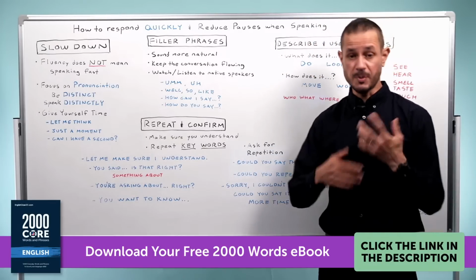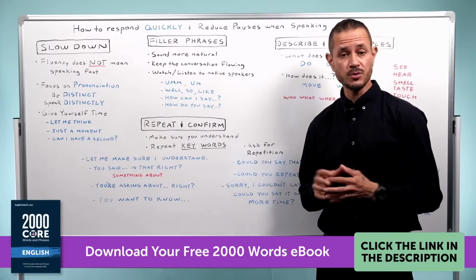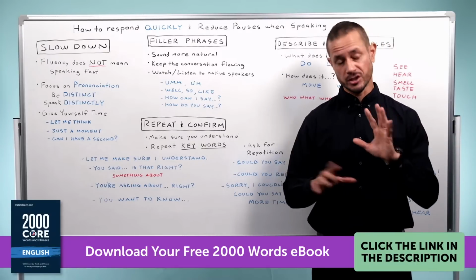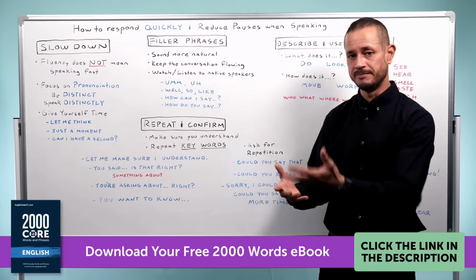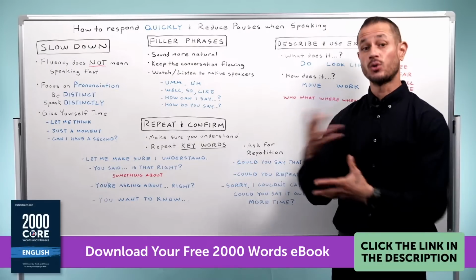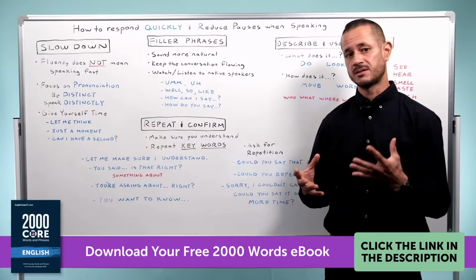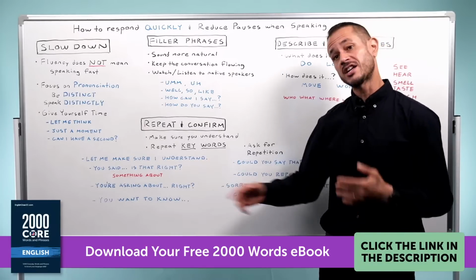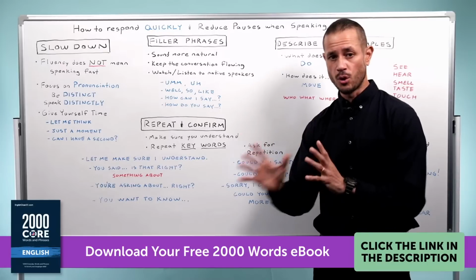Then the speaker will either say, yeah, that's what I said. Or maybe they said something different. They'll say, no, actually what I said was... So this is a really simple and effective way to just get the correct information, get the right stuff. Again, maybe you didn't catch everything. Maybe you only caught a few words.